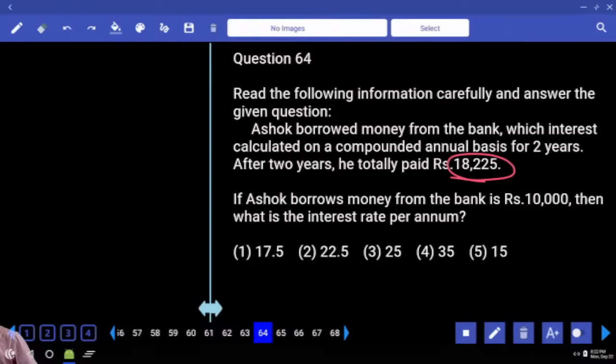Principal is 10,000. Then interest is 8,225 calculated on principal 10,000. In terms of percentage, we need 2 years interest in terms of percentage.